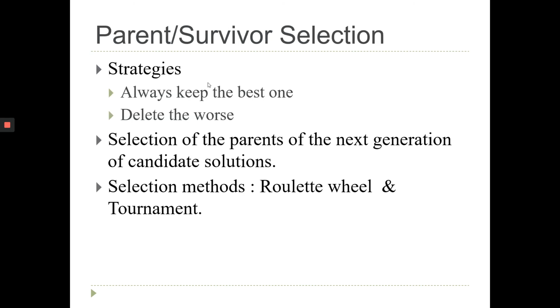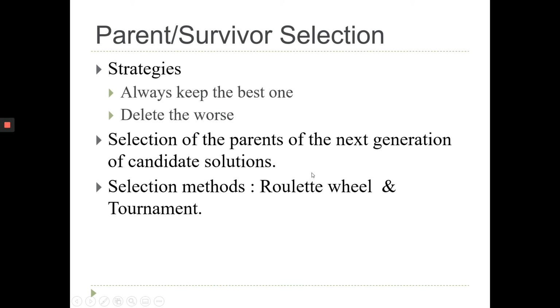So then, how to select the best or survivor parents? There are different strategies: always keep the best one, or delete the worst. Or select the parents of the next generation of candidate solutions by using methods like roulette or tournament. With roulette, you put all solutions on a roulette wheel, then you randomly spin it.